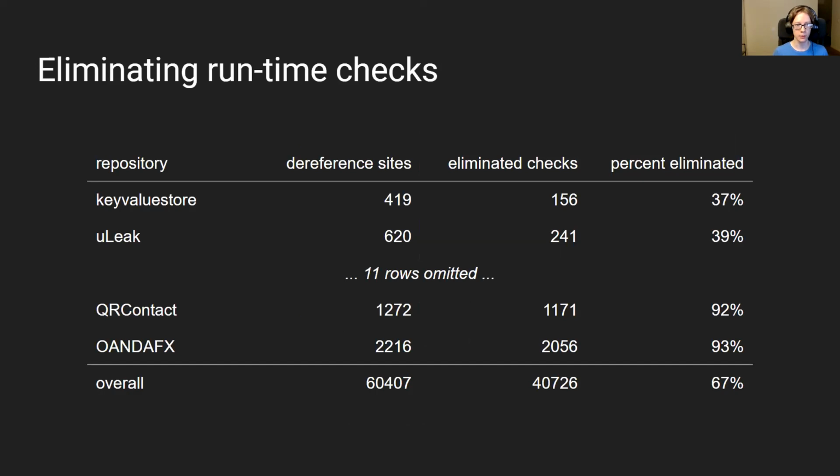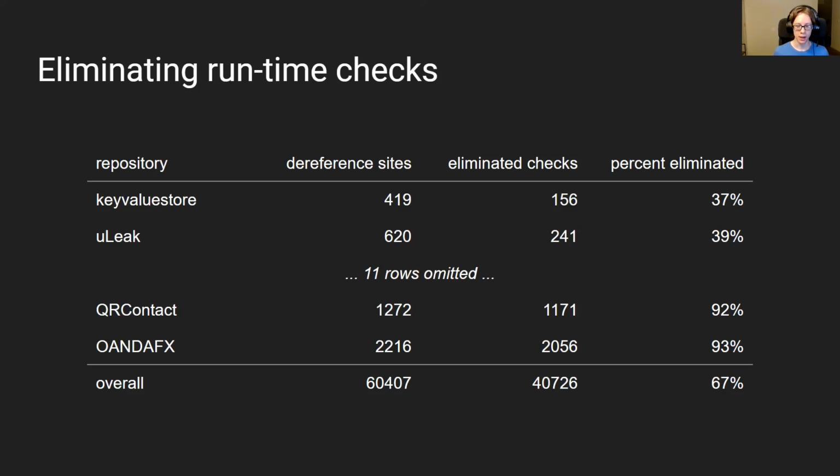Another thing that we looked at was, given that our analysis is sound, you can actually use it in a particular way, such that instead of just giving warnings at places where you think there might be null errors, you can run it in such a way that you say, okay, assuming that we checked every possible dereference, which of those are unnecessary?